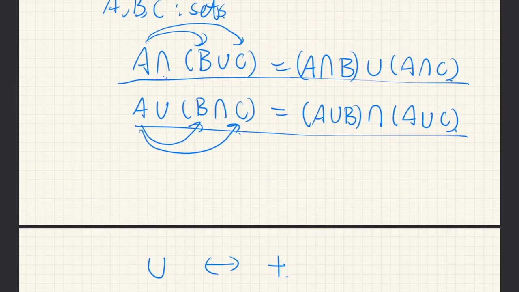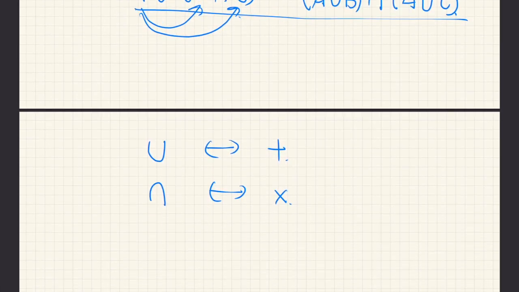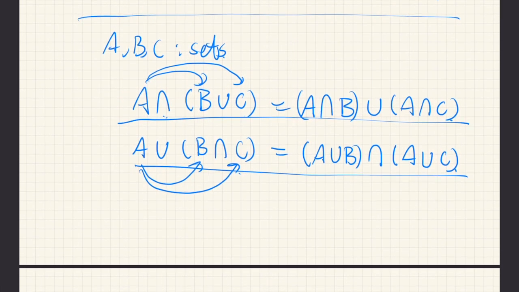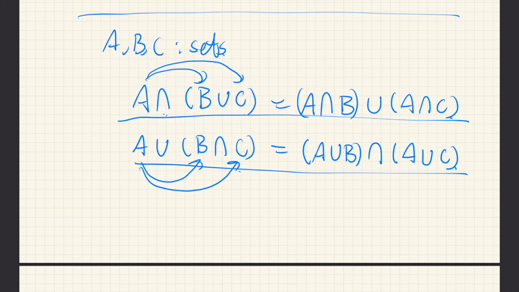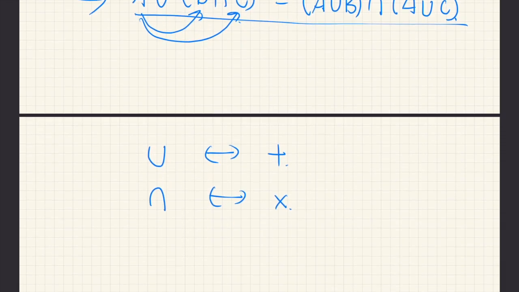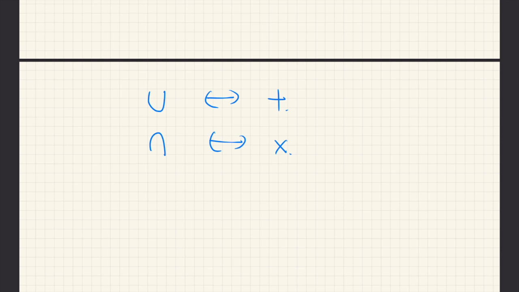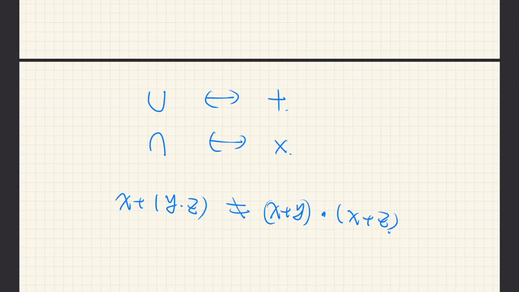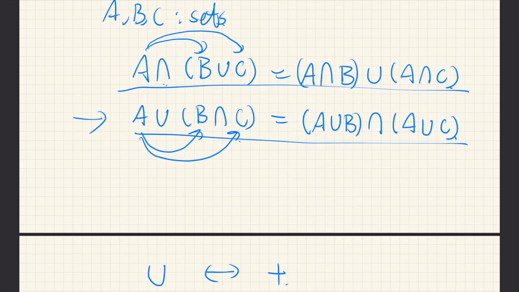But the distributive law corresponding to this one does not exist for numbers. For example, x plus y times z is not equal to x plus y times x plus z. So this type of distributive law doesn't hold for numbers, but it does hold for sets.